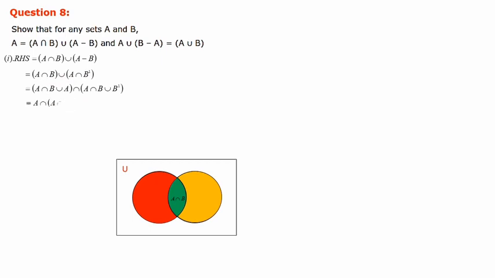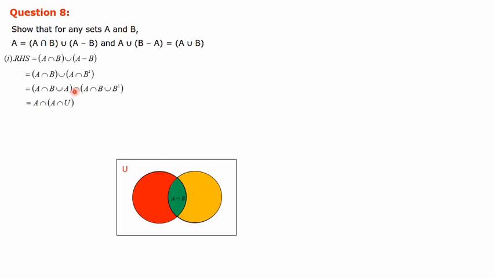Then what we are going to do is, here A intersection B union A, these three sets together, A intersection B, that is this green portion, union means together with A. So this green portion together with the A circle means clearly it is A. When we combine the A circle and this green portion, we will be getting only the first circle, the A circle, that is our A, that is mentioned here.